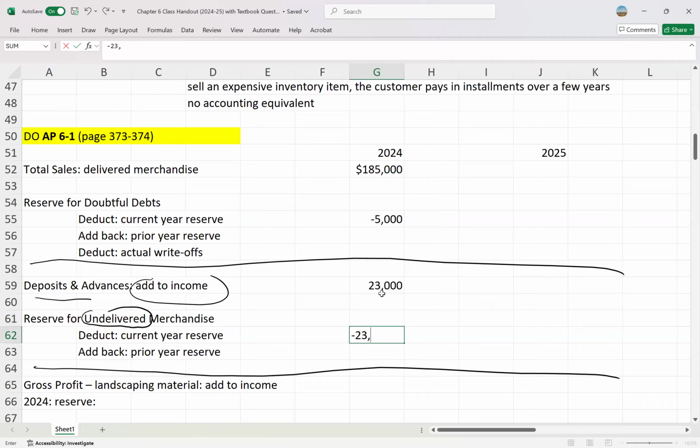So we get a reserve. So what you'll notice is that it's still going to be netting out to zero, but just the way the tax rules are written, we include the deposit in income. And then when we get to the end of the year, if we haven't delivered the merchandise, we get to take a reserve. So just a peculiar way the tax rules are written.